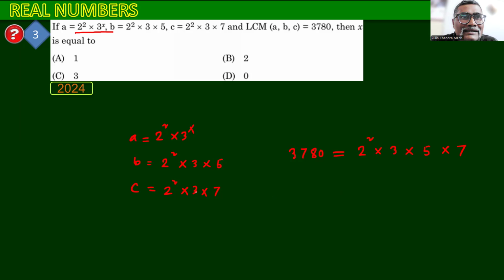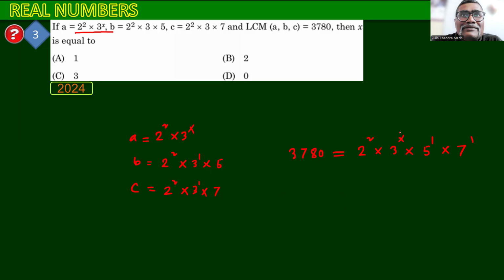For 3, it is 1. For a moment, because they are asking you to find x, let me give the benefit to that, considering 3 to the power x to be bigger than 1. For a moment, let us see whether it is possible or not. And then 5's power is 1 and 7's is 1.